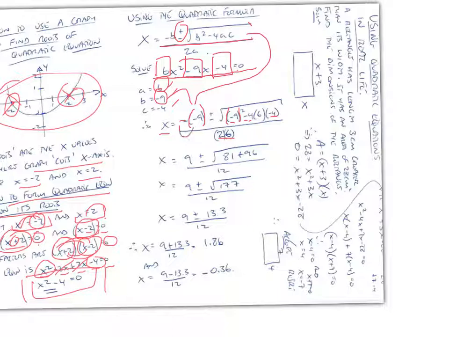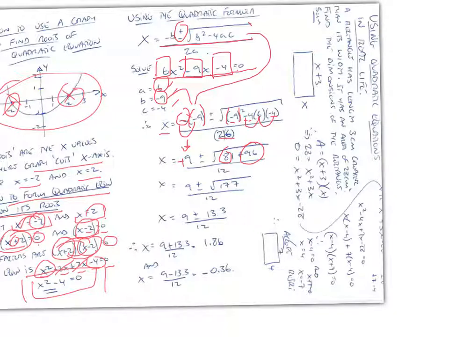The minus outside the brackets changes the sign, so it becomes plus 9, plus or minus the square root of minus 9 squared, which is 81, try it on your calculator, minus 4 by 6 is minus 24, times minus 4 is plus 96.